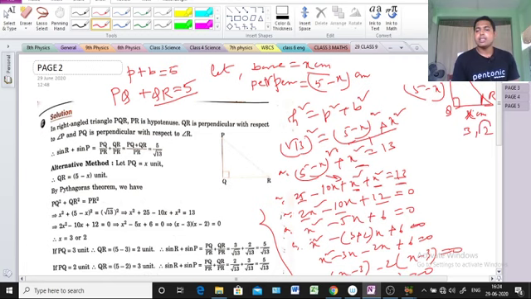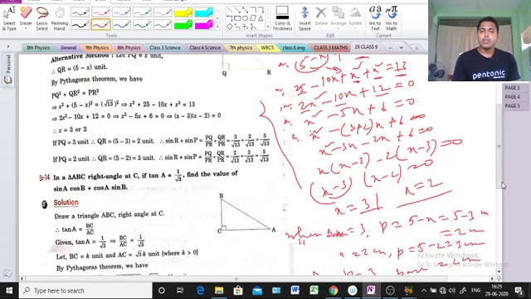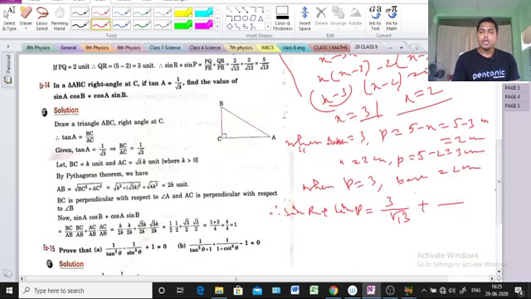This base will be the perpendicular. Clear or not? And hypotenuse root 13. So when this one is 3, another one will be 2. So 2 by root 13. Clear or not? Because here 3 is taken, no.